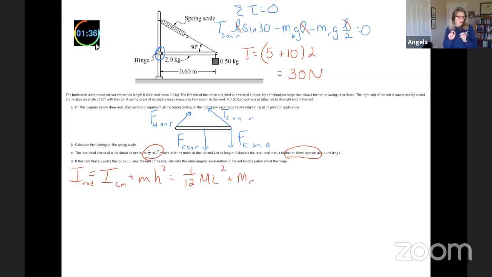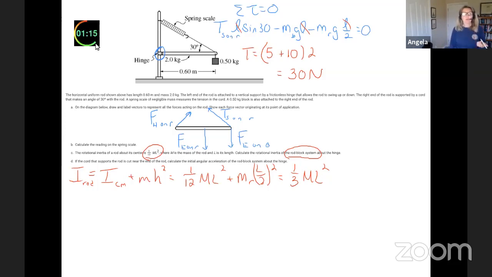And how far is the center of mass from the axis of rotation? L over 2. So that ends up being 1/4 plus 1/12 is 1/3 m L squared, but we're not done, because they were asking us for the rotational inertia of the rod-block system.